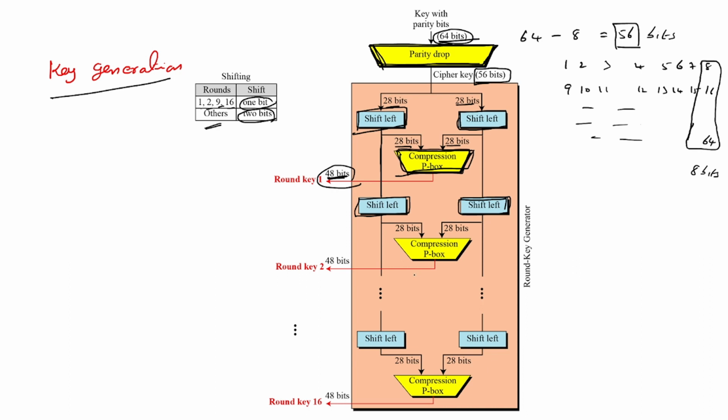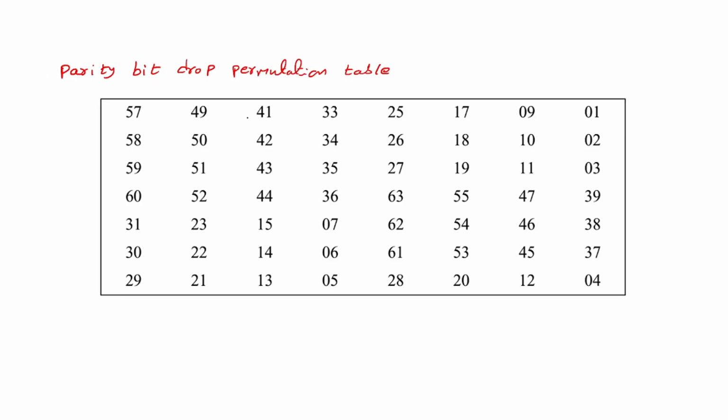This is the parity bit drop permutation table. Here we need to drop all the parity bits, that is 8, 16, 24, 32, and so on until 64. So we will get a total of 56 bits.